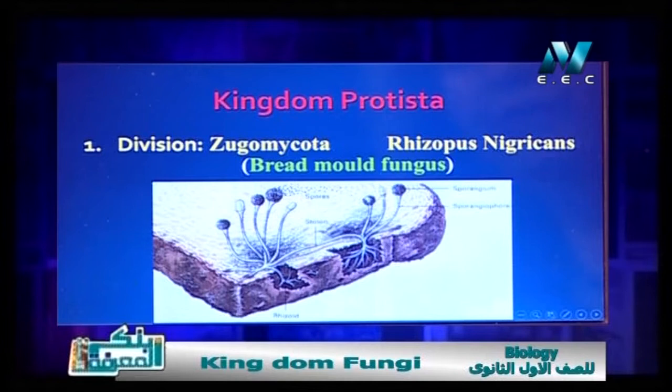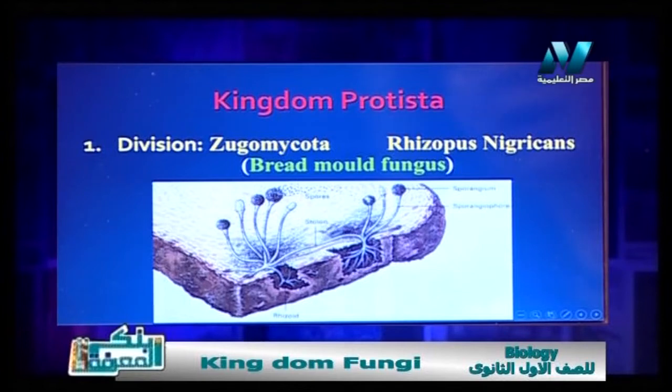The sporangiophore carries a sac-like structure, and inside this sac there are many spores formed, so this is called sporangium. So rhizoids go downwards into the bread, and the sporangiophore up into the air, and at the end of the sporangiophore there is a sac called sporangium containing spores.